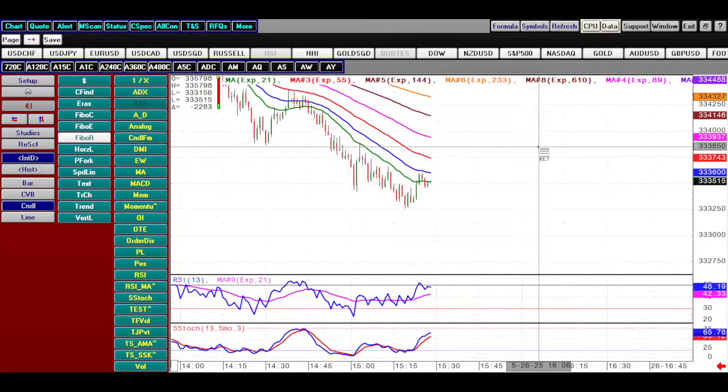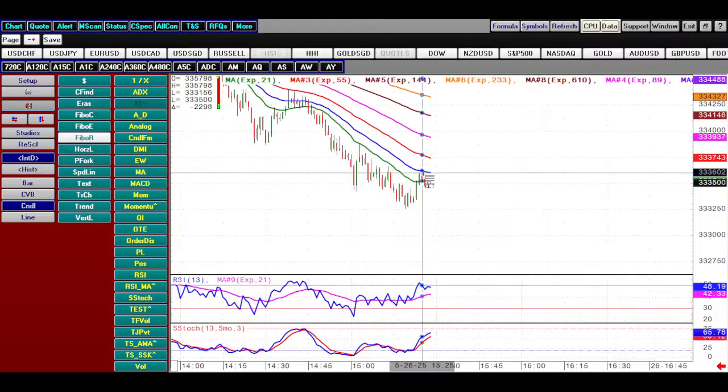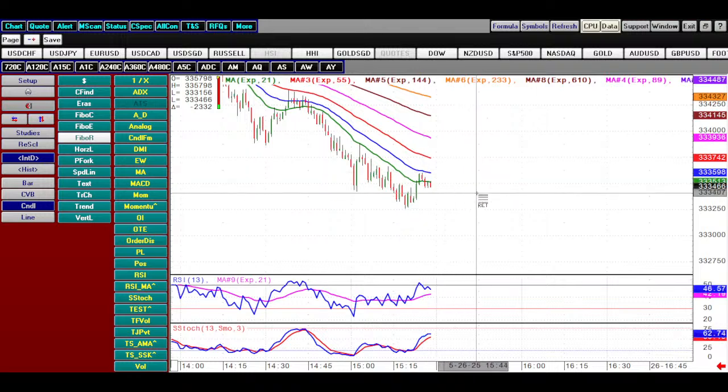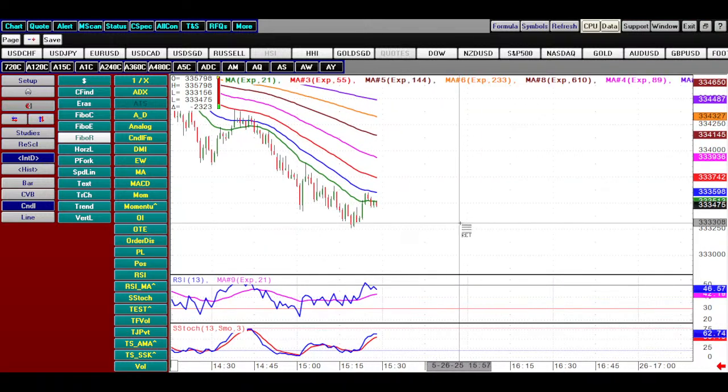Yeah, I think just now the high it went was 3336 exactly. So sometimes this is the problem. So either you got to get yourself prepared 10, 20 pips, depending on the spread.